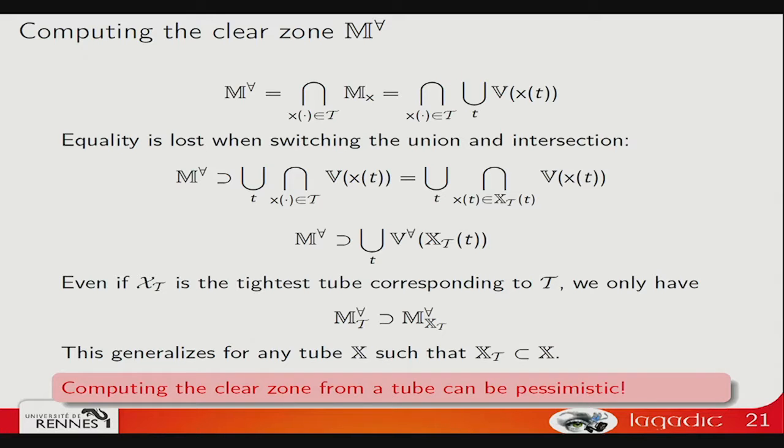So we have a lower bound of the clear zone, even with the tightest possible tube. And of course, it generalizes if we don't have the tightest tube. If we have another approximating tube, we also have a lower bound of the clear zone. So we have pessimism when computing this zone with tubes.